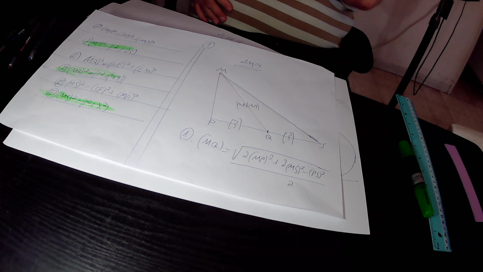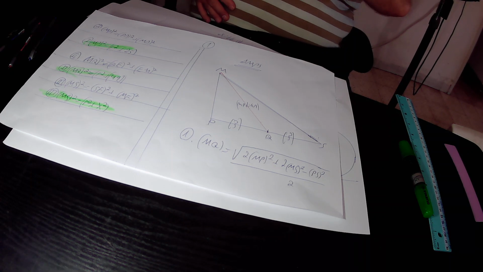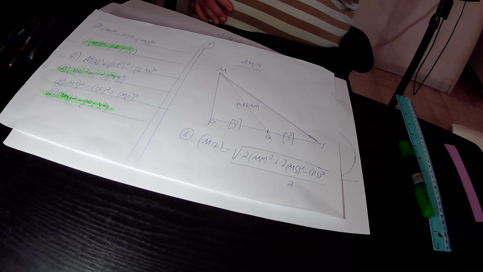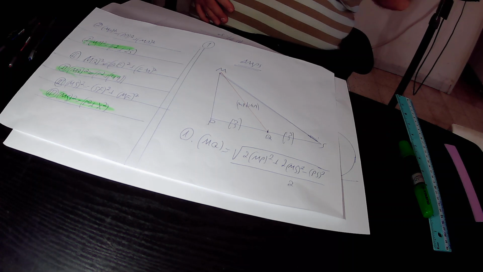The definition of a median in a triangle is a line segment that connects a vertex of the triangle to the opposite side. Actually, it connects the vertex to the midpoint of the opposite side.